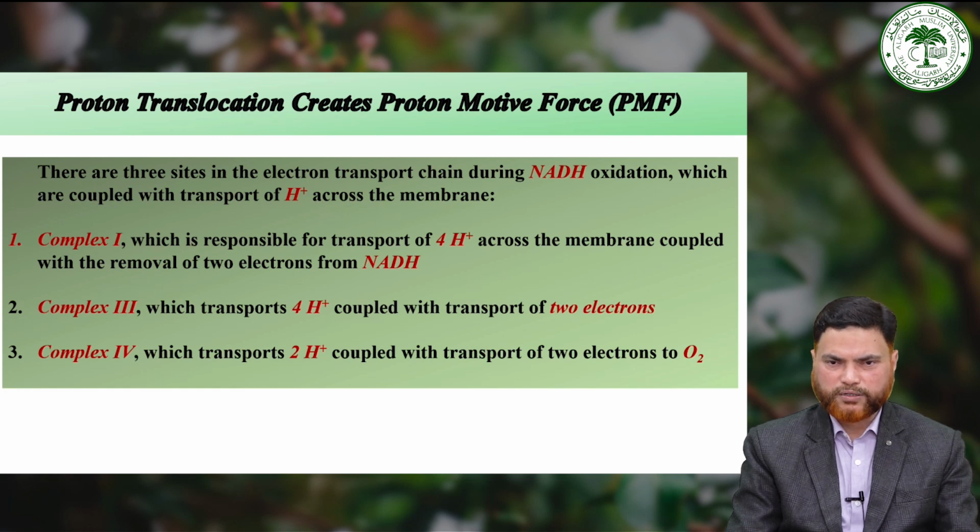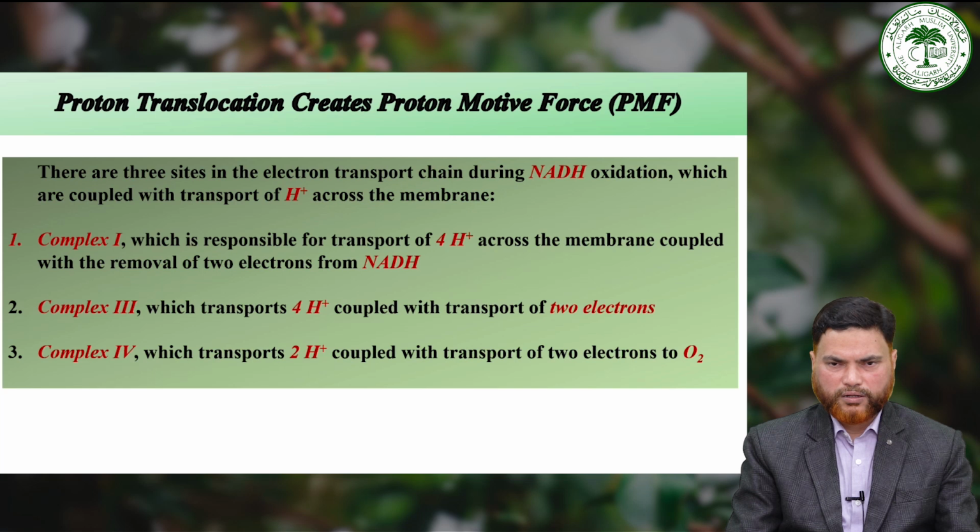So, this is one aspect, because you see that the membrane is impermeable to protons, and generally they pass via complex 5, also known as F0 F1 ATP synthase, which is generally related to the production of ATP.